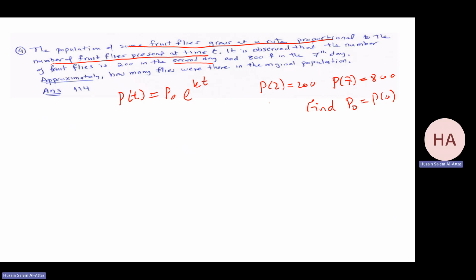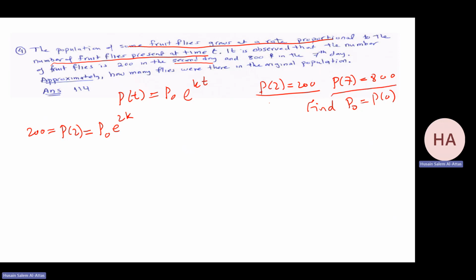It's a little bit different than the previous ones. Now he gave me what happened after 2 days and after 7 days, and he wants the original value. Okay, let us do the calculation. I need this. This means 200 equals P at 2, equals P0, which I am looking for, e^(2k).